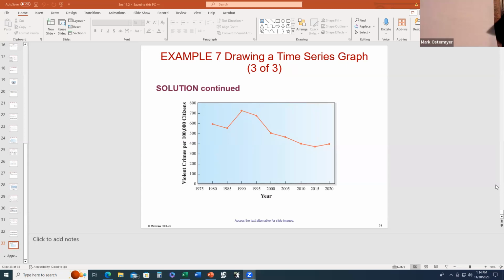But then from that point onward, it looks like there's an overall downward trend. It drops pretty quickly between 1995 and 2000, and then it starts leveling off a little bit, and even increasing a little bit from 2015 to 2020 there.